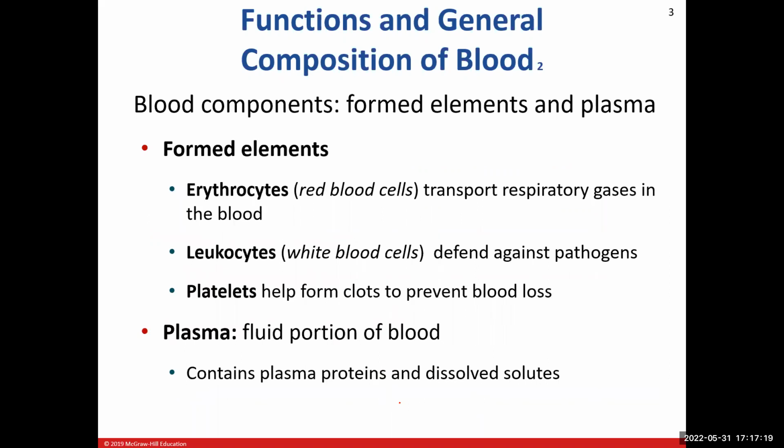So what's in our blood? Our blood is primarily made up of two things: formed elements, you'll hear me refer to them as the formed blood elements, and that's usually the cells, and then the plasma, that's the liquid that the cells are found in. When we're dealing with this on a connective tissue scale, connective tissue is made up of three things. It's made up of cells, protein fibers, and ground substance.